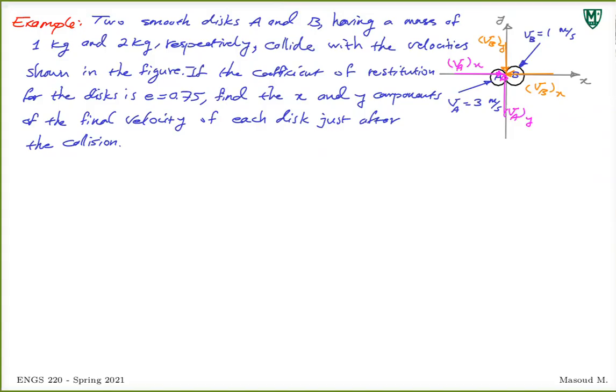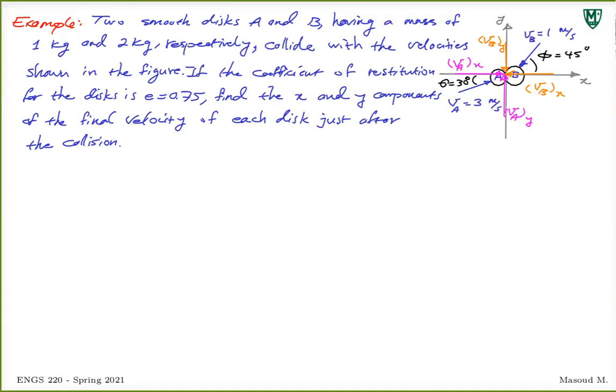Oh, I forgot that you need this information, otherwise you can't actually solve this. This angle is phi, 45 degrees. This angle is, I think, theta, 30 degrees. Otherwise, how could you solve this? All right.